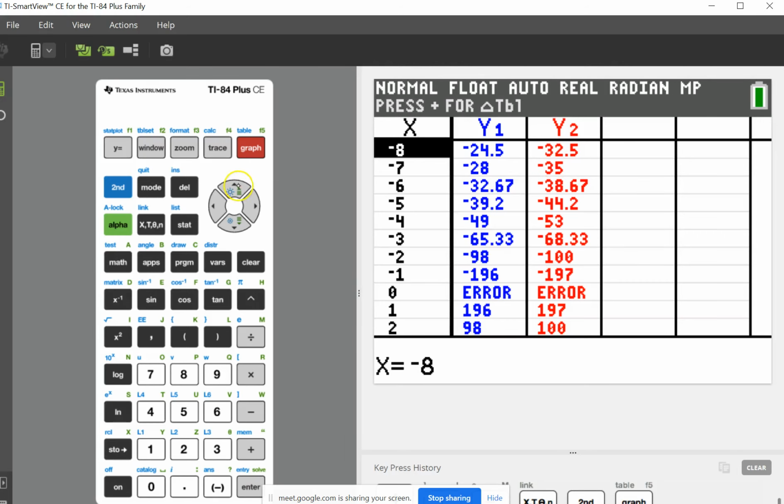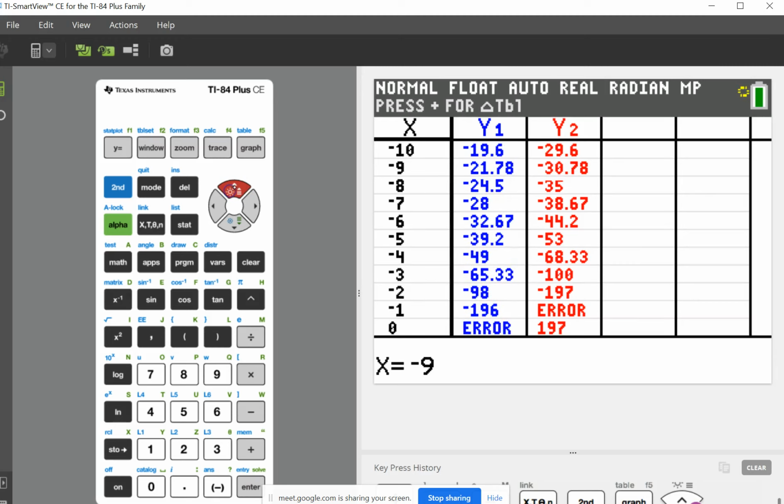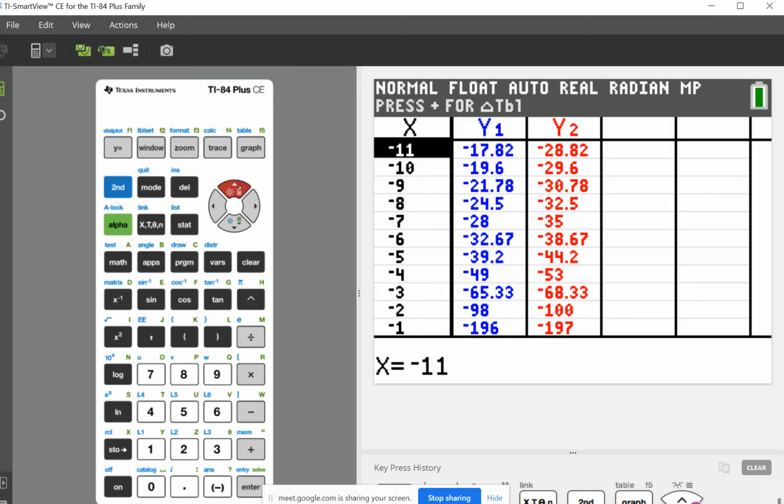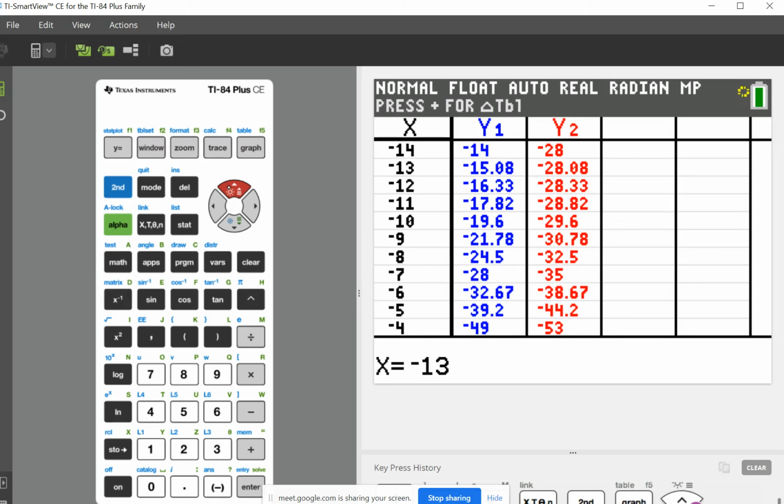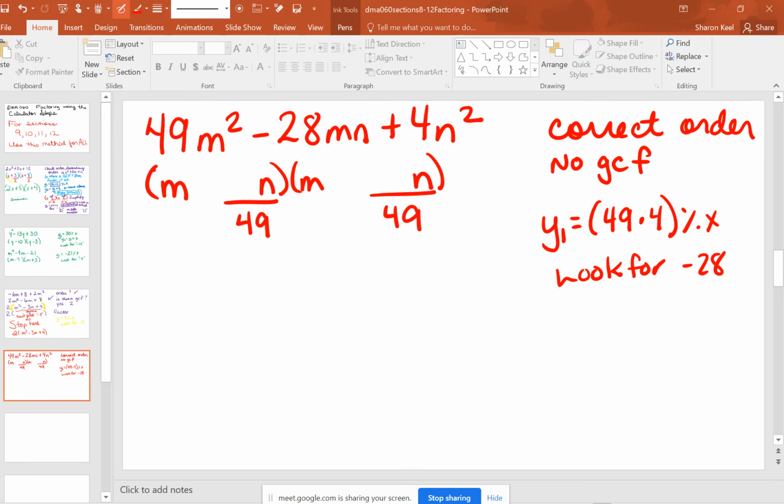Okay, I'm going to need to scroll up a little bit, and let's see if we can find it. Almost. Yes, okay, so we have a negative 28. When you find the number, we're going to use a minus 14 and another minus 14. So here we have minus 14, minus 14.